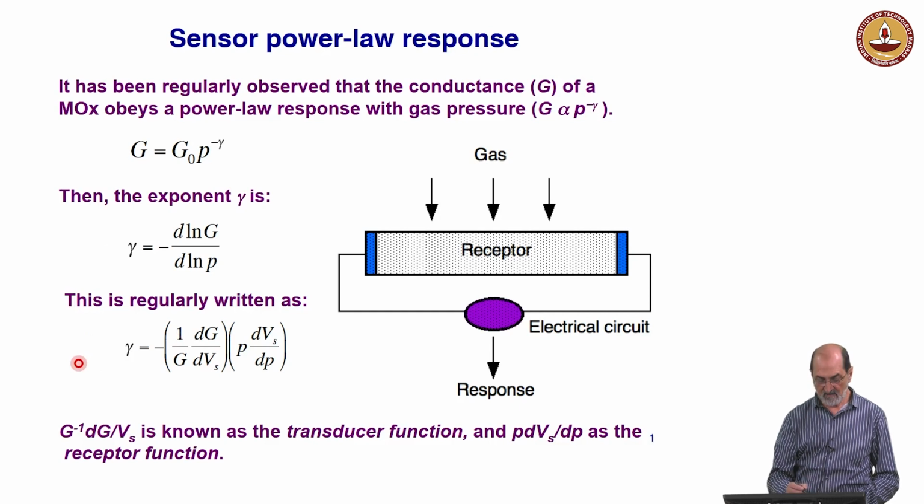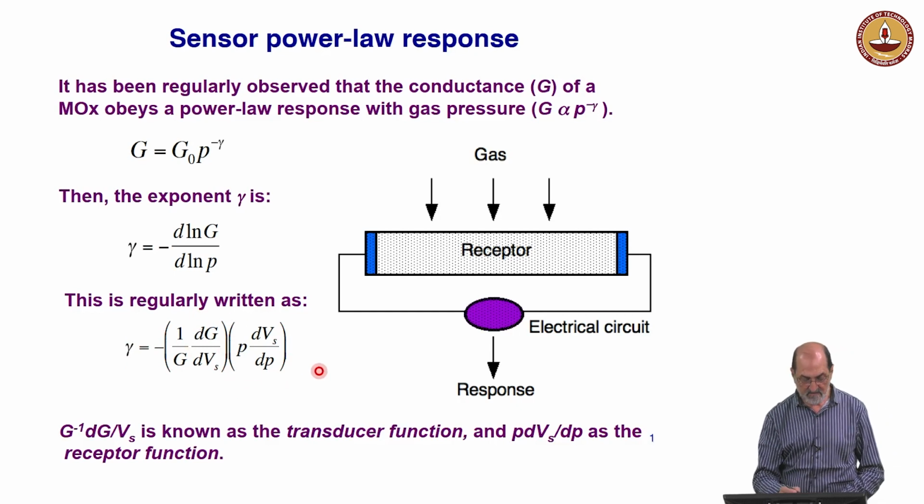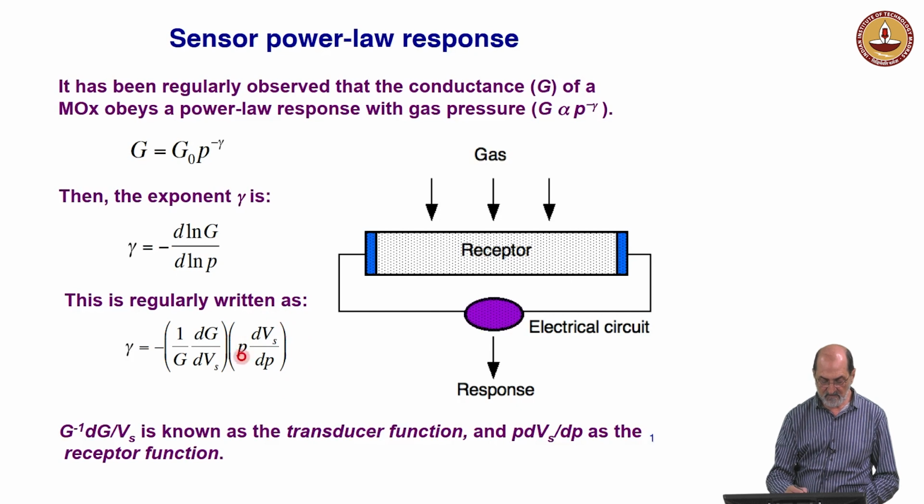In that way, you can see that the exponent is the product of two factors. This second factor is called the reception or receptor function. It is telling me how much the barrier changes as a function of pressure, how the barrier height changes.